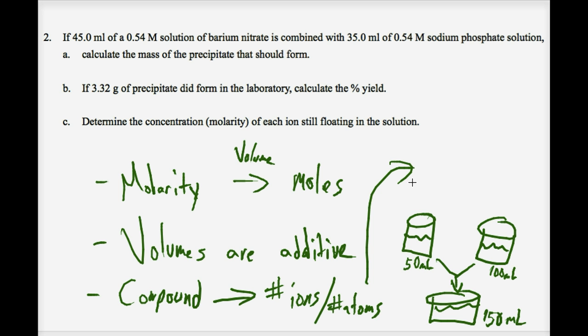For example, if you have 5 moles of H2O and you want to know how many H atoms you have, it's not an ion because it's not an ionic compound, but for every 1 mole of H2O, there are 2 moles of H atoms. So anytime you have a compound, you can also talk about the parts of the compound, such as the atoms for covalent compounds or the ions for ionic compounds.